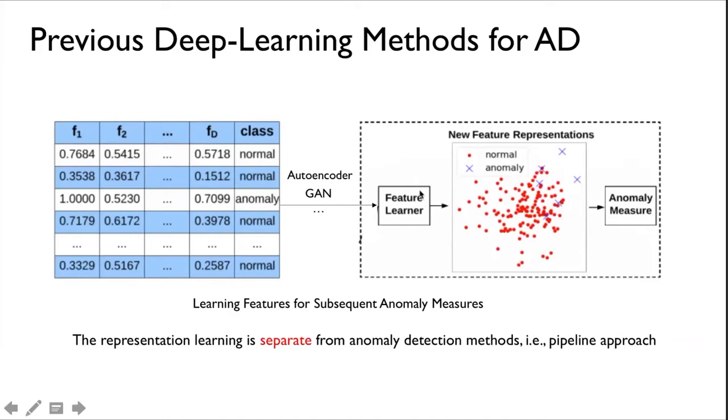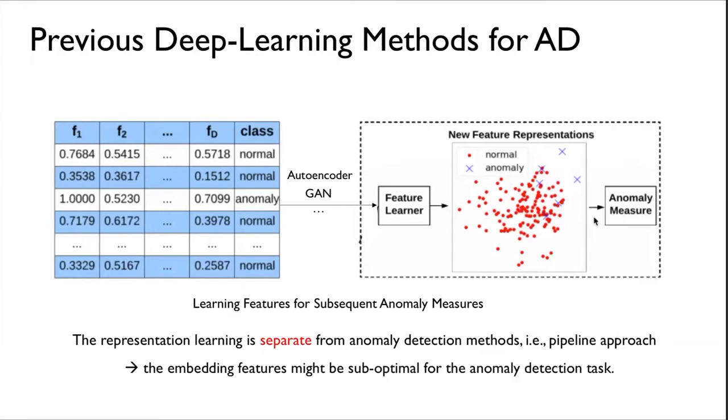And then after they receive the feature embedding, in the later process they use an anomaly measuring model to derive the anomaly score. The drawback of this approach is that the representation learning process and the anomaly detection method are separated. That could lead to the problem that the learned embedding feature might be suboptimal for the anomaly detection task.